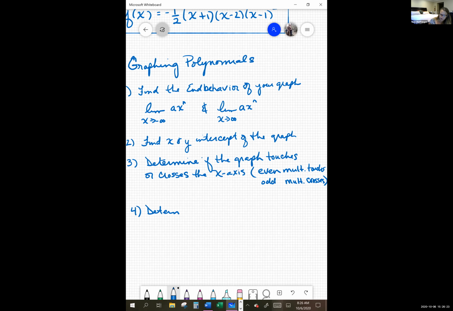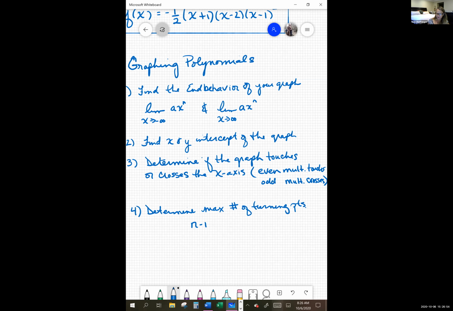Determine the maximum number of turning points. Remember that was n-1, n being the degree. And use the information from steps 1 through 4 to draw a complete graph of the function. To help establish the y-axis scale, find additional points on the graph on each side of any x-intercept.